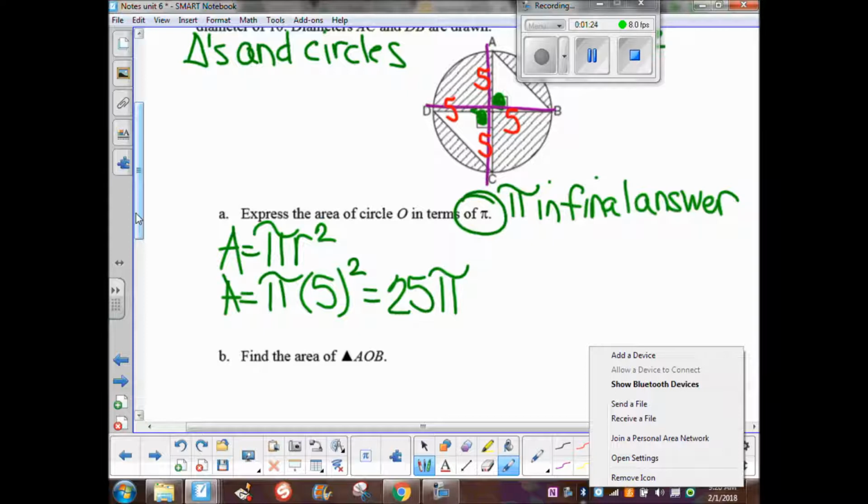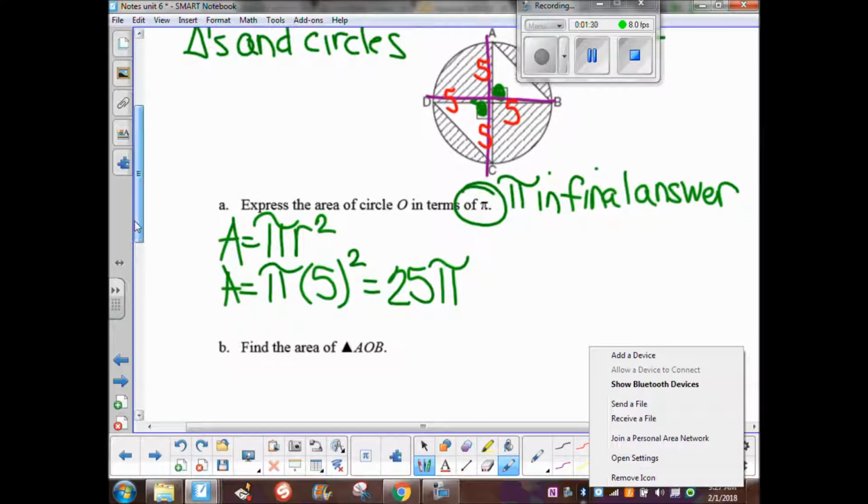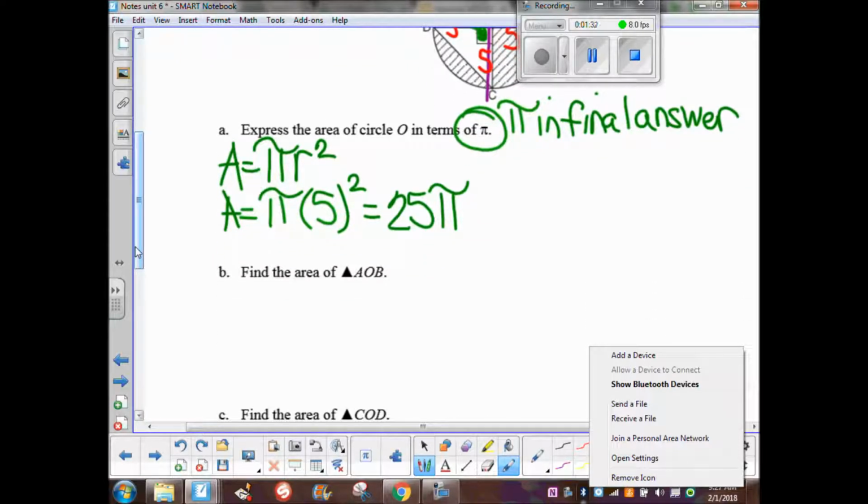Now it says, find the area of triangle AOB, the one in the upper right. So what's the area formula for a triangle? Okay, guys, and these are never trick questions. They're all on your formula sheet. So A equals 1/2.